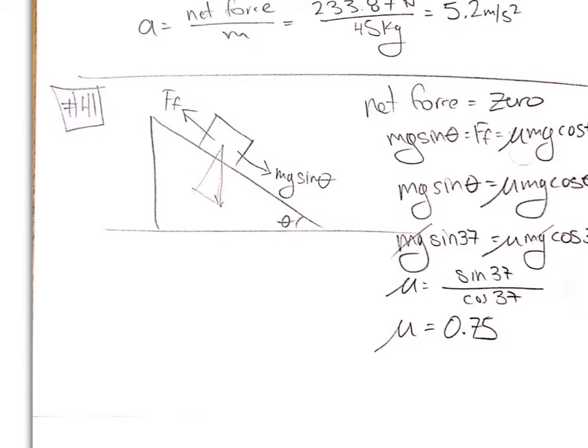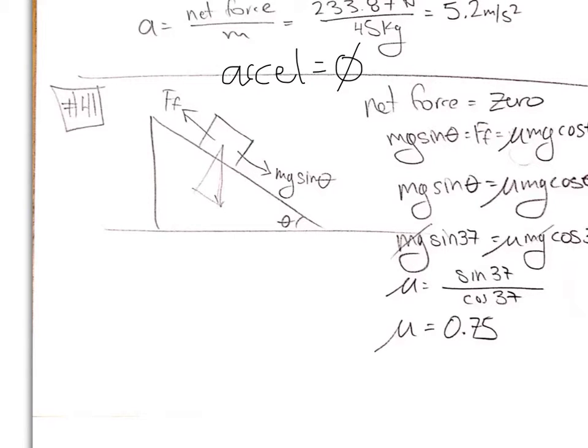The angle isn't changing, it's just a change in the coefficient of friction, and so all of a sudden, after speeding up, they're moving at a constant speed. Constant speed means the net force is 0. So if it's a constant speed, the acceleration is 0.